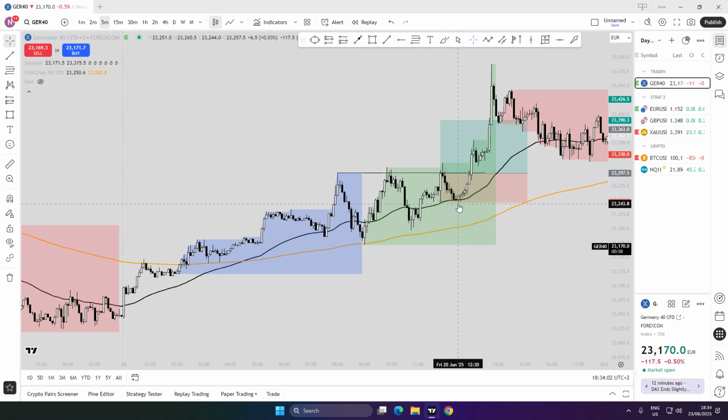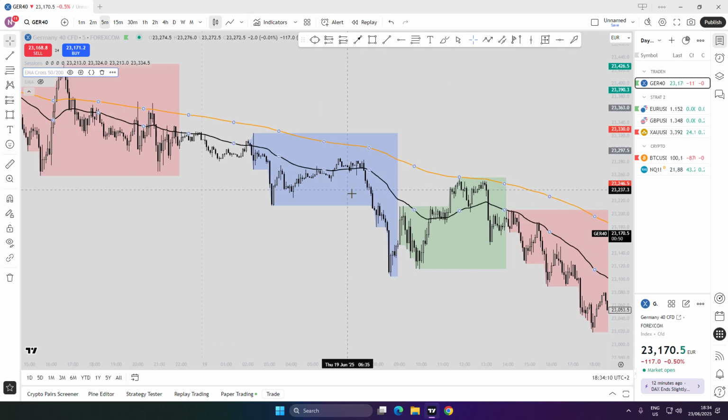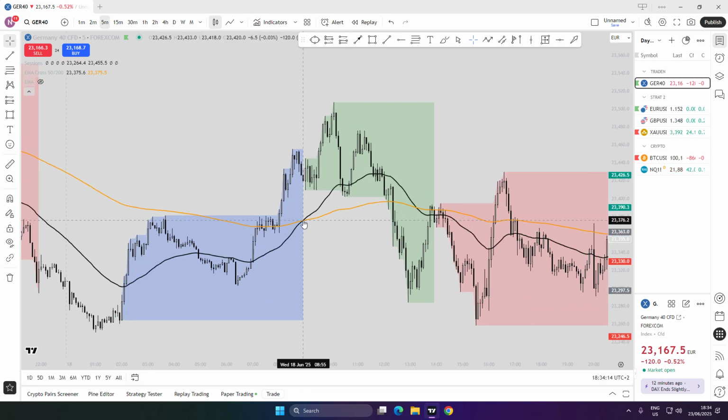You probably would have been stopped out, but what you can do is put it a little bit underneath, or whatever you like. This is entry model 1, which didn't give us an entry. This is entry model 2 because this happened outside of the Asia, or this is entry model 3 because it's outside of the Asia, so this lost us.